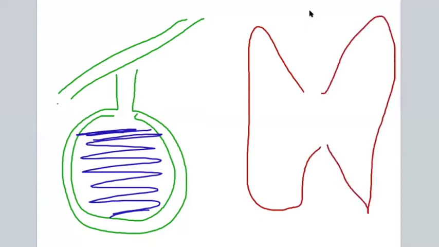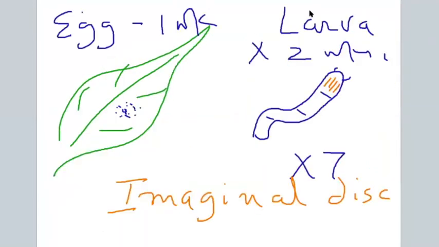So those imaginal cells, imaginal discs, they are there at the pupa level. So they were there at the level of the egg, they were there at the level of the larva, they are there at the level of the pupa.